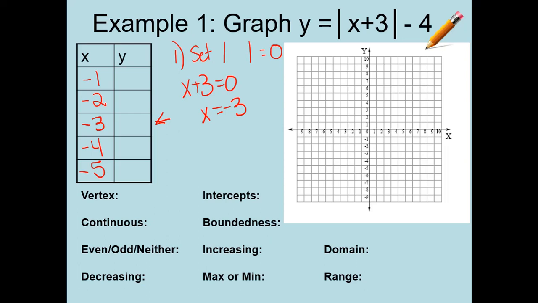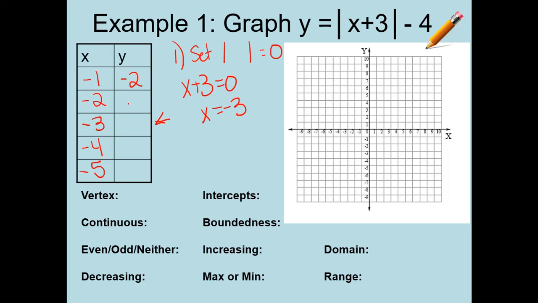Now, what I need to do is plug those into my function to see what's the y value. So I'm going to take -1, plug it in. -1 plus 3, that's 2. Absolute value of 2, 2 minus 4, -2, right? Let's try -2. -2 plus 3, 1. Absolute value, 1.